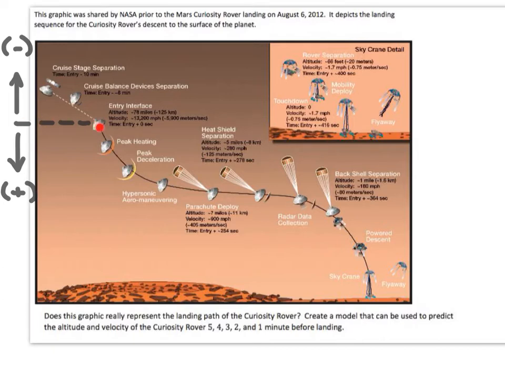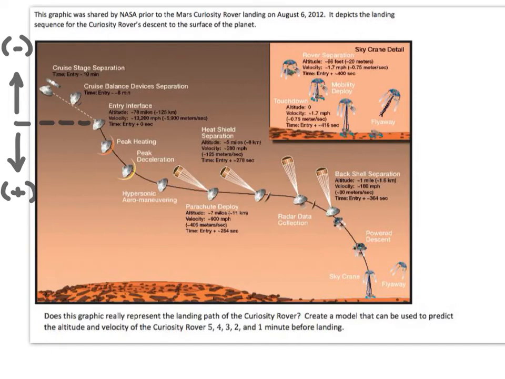So the time since entry interface would be positive time. Okay, this would be positive about 254 seconds, positive about 278 seconds, etc. So the time associated with stages before this stage would be negative. There's our negative time. And then after this stage would be positive.